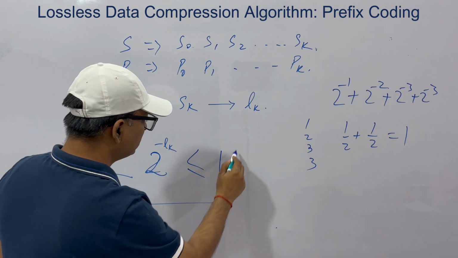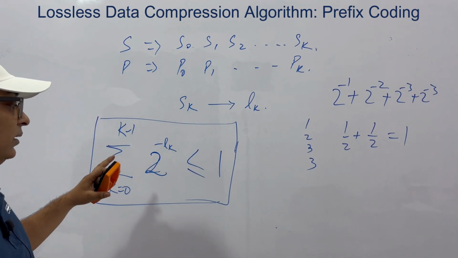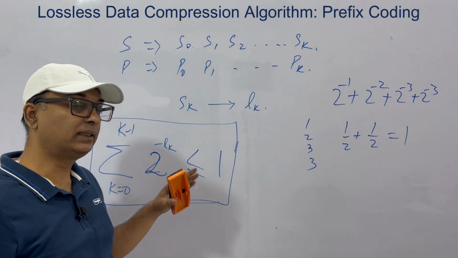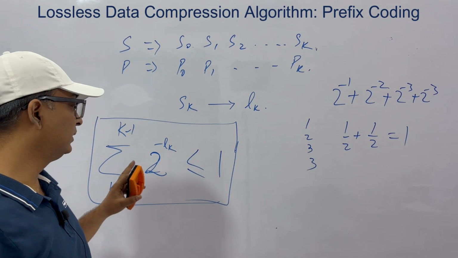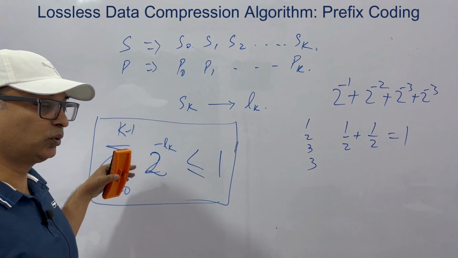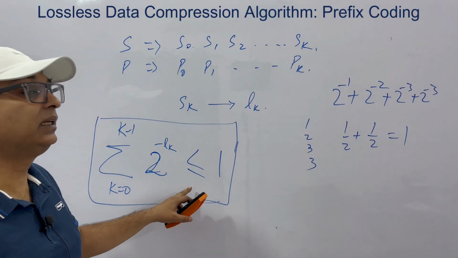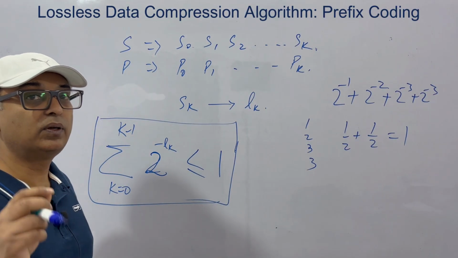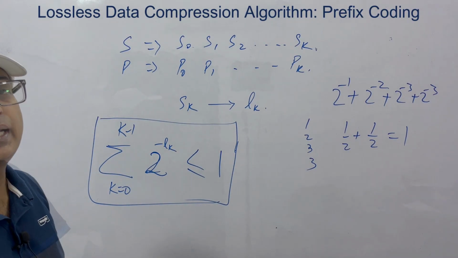This expression is called Kraft inequality, and for lossless data compression, this has to be fulfilled. When you have code words such that the summation of all of them fulfills this inequality, then only you have lossless data compression. Clear? This is Kraft inequality.